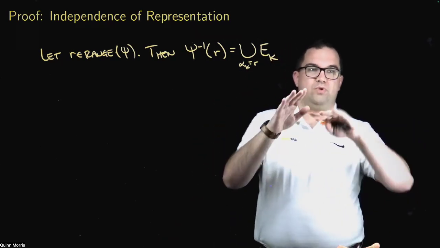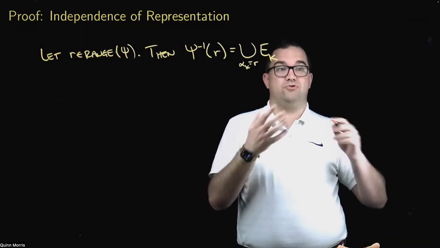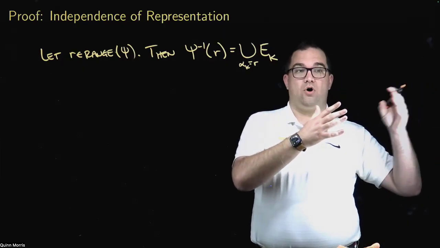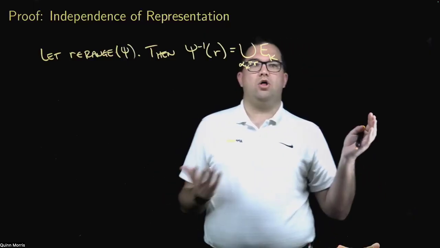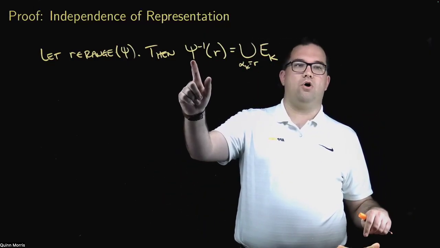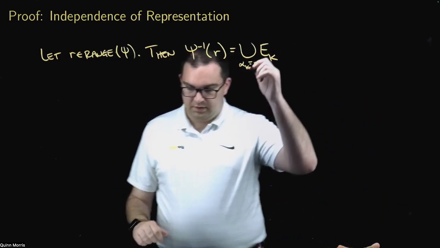So maybe there are 3 different a_k that are equal to r. That means there are 3 different sets E_k on which the function takes the value r. If I union all of those together, then I would get back the preimage of r under psi.